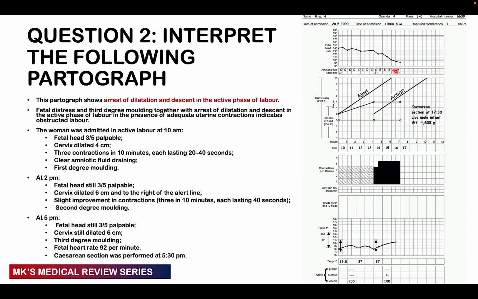Then about 1 hour 30 minutes later, we noticed meconium-stained amniotic fluid, and the molding even at 5 p.m. was now 3+. The dilatation was still at 6 centimeters. The descent was still poor at 3 out of 5, and the contractions were still strong.